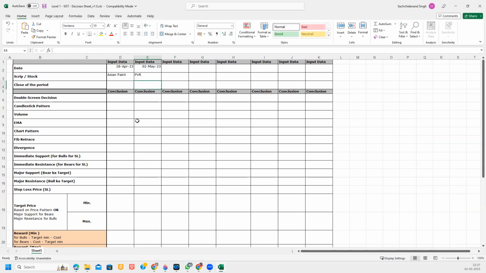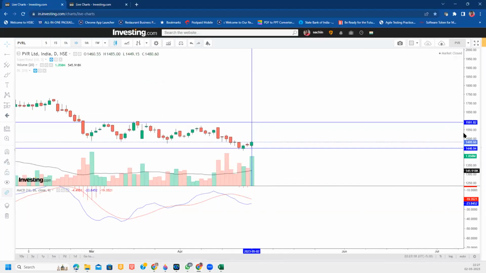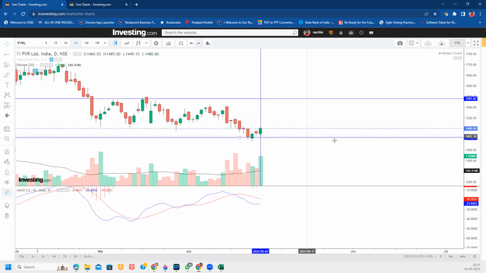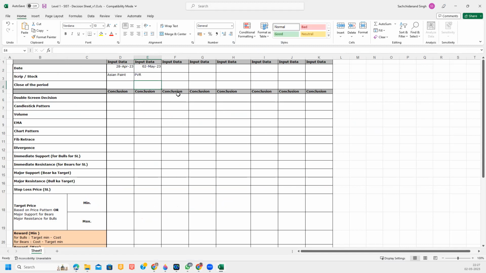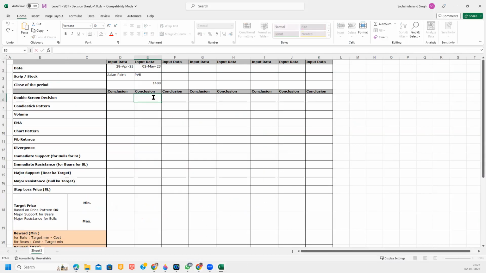The closing price we can leave for now, but if we are doing the analysis, today's closure was 1480 or so. So the double screen decision, that means MACD is saying buy.